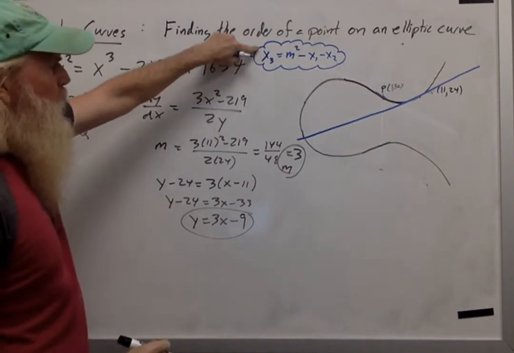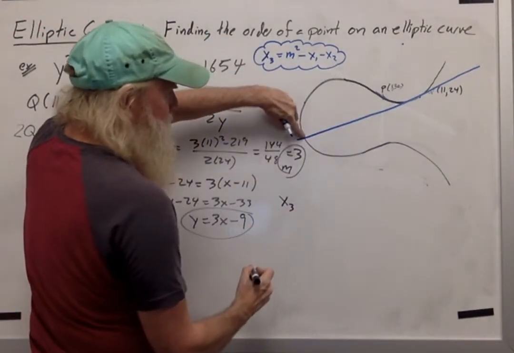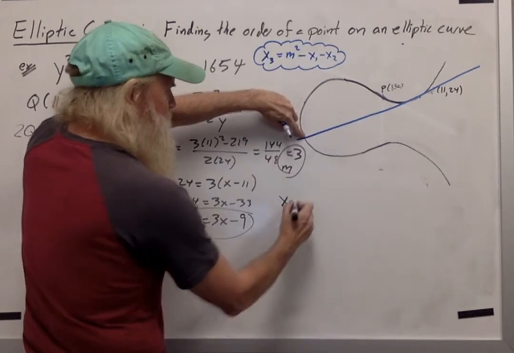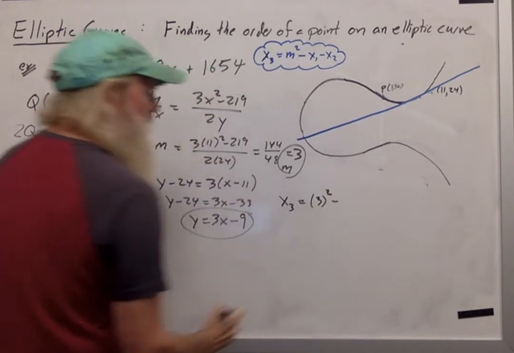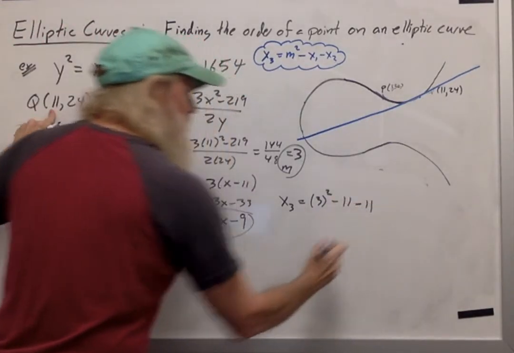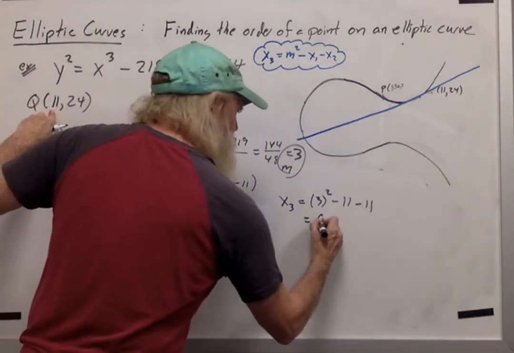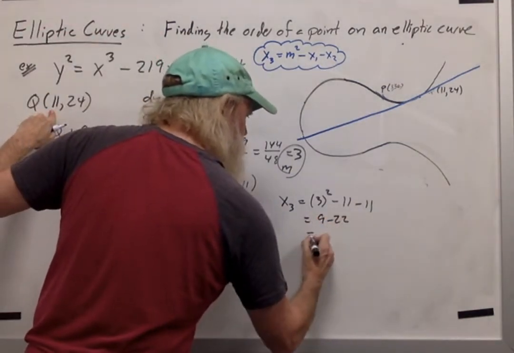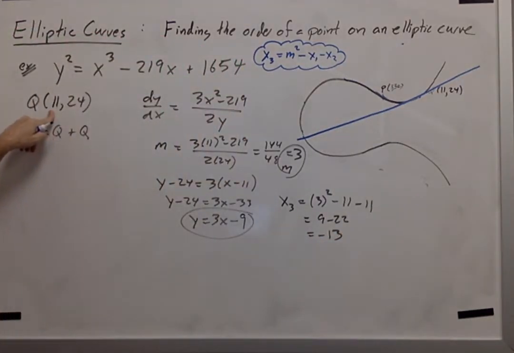Now applying this formula, we can get x3, which will be the coordinate of this point of intersection. It'll be the slope squared minus 11 again, because I'm trying to add Q plus Q. So that's 9 minus 22, or negative 13.